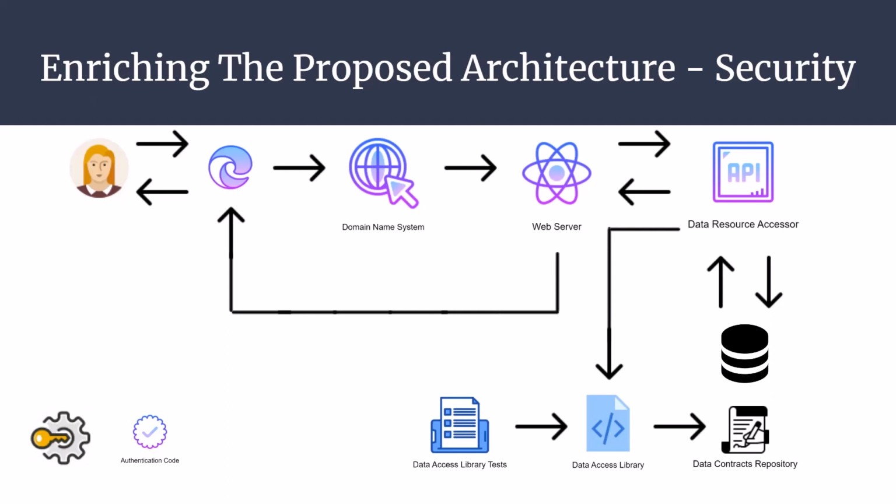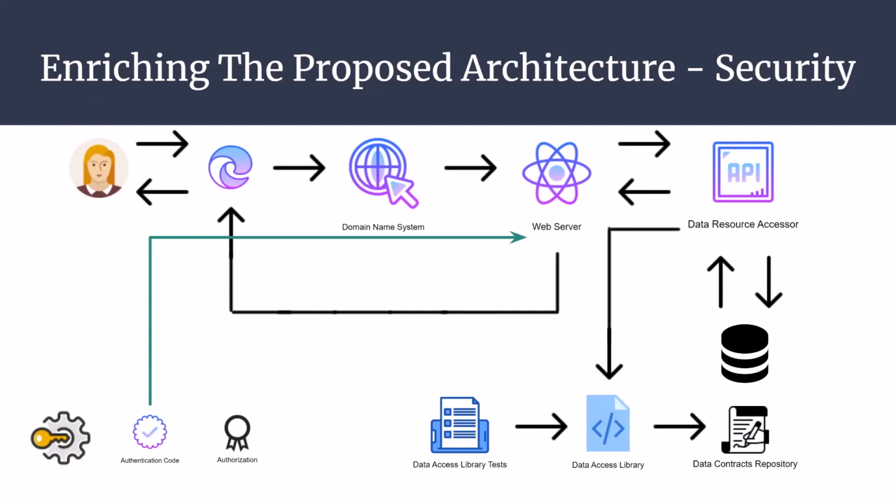Authentication mechanisms are usually better placed at the entry of our system. In our case, it is the web server. Next, once our system knows that the requesting entity is indeed who it claims to be, we can make sure this entity is indeed authorized to make the request for data it made.